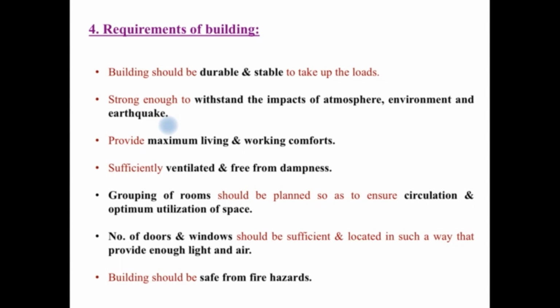For example, India is divided into different zones depending on the risk of earthquake. Some zones are considered very risky, meaning high magnitude earthquakes can happen in that region. For such areas, we should always use earthquake resistant buildings. That kind of thing we need to take into consideration.